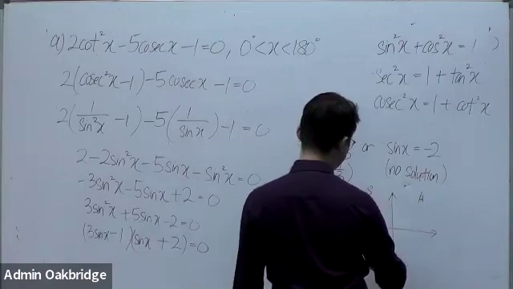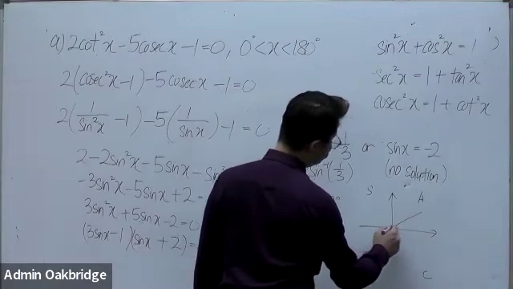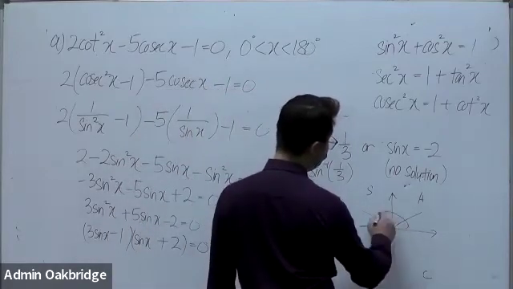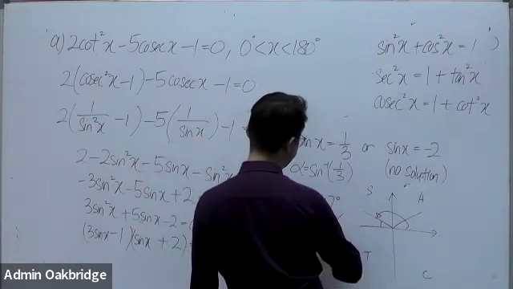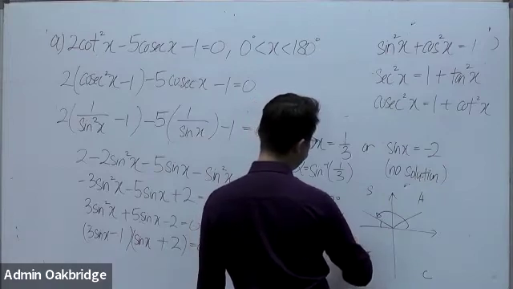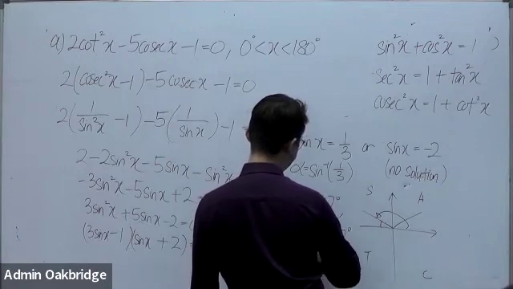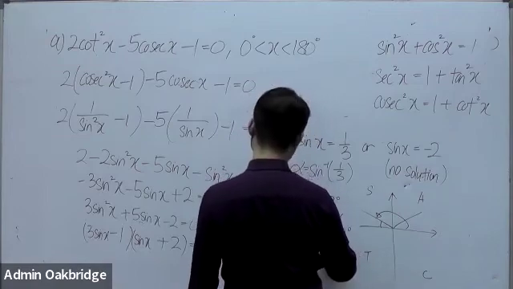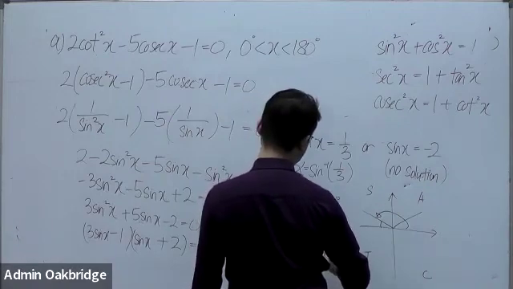Add sugar to coffee. So we want positive sine, it will be in the first and the second quadrants. So for the second one, you take 180 minus the basic angle. So another one is just 180 minus 19.47. So now you have these two answers, 19.47 and 160.5. That means 19.5 and 160.5.